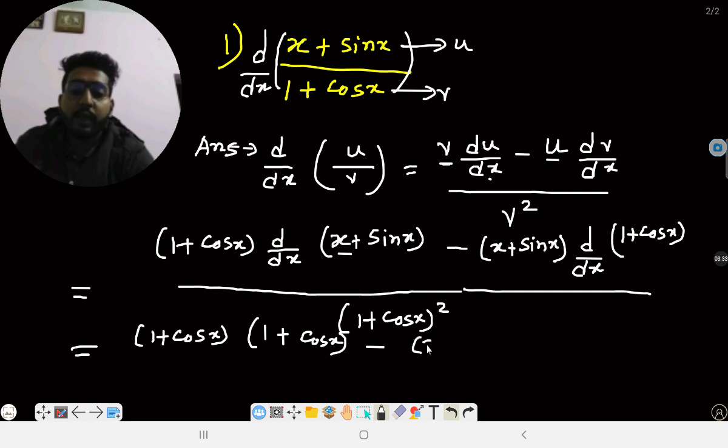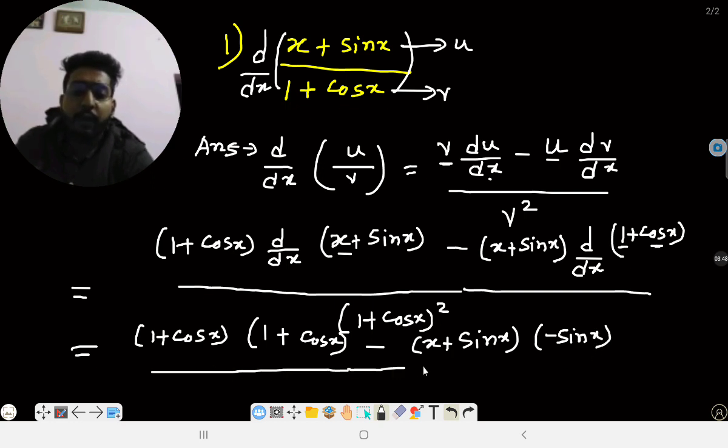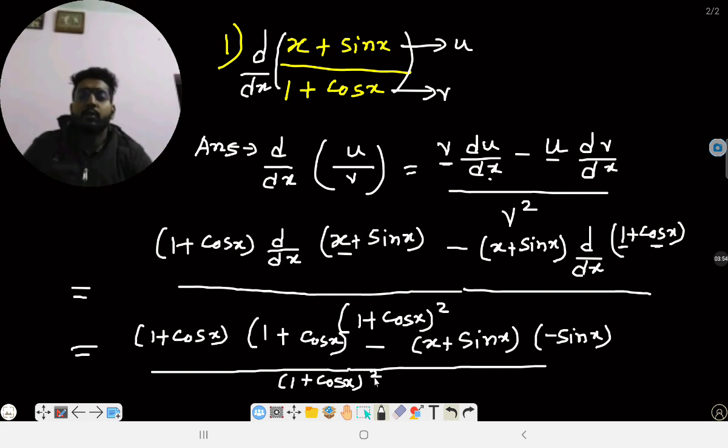Minus, then again x plus sin x. And here you can see the derivative of 1 will be 0 and the derivative of cos x will be minus sin x, like this. And here it will be divided by 1 plus cos x whole squared, like this. So that will be the answer.